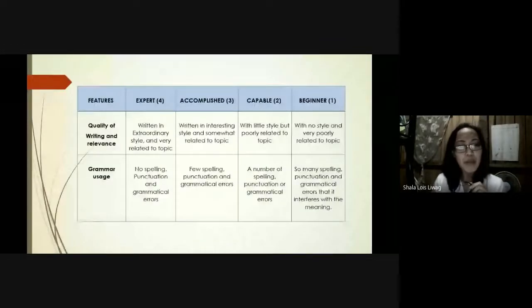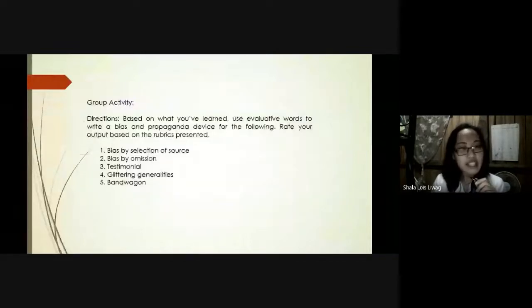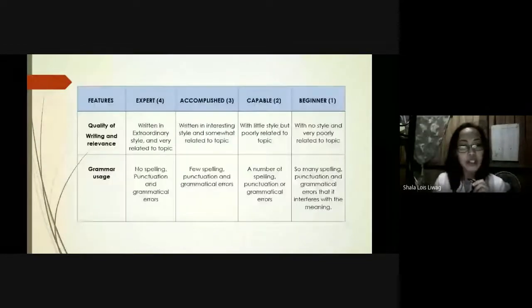The bias and propaganda devices you will be using are bias by selection of sources, bias by omission, testimonial, glittering generalities, and bandwagon. The rubrics for the activity are quality of writing and relevance, and grammar usage.